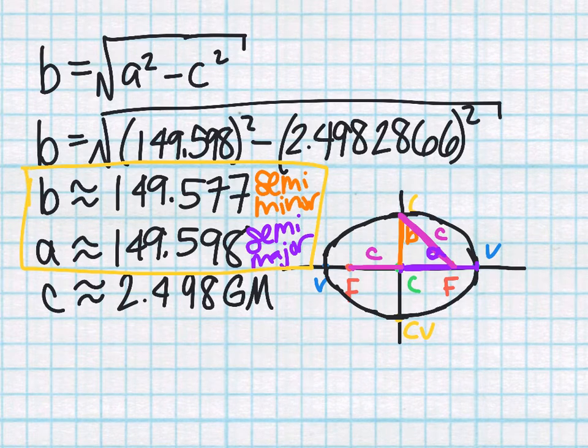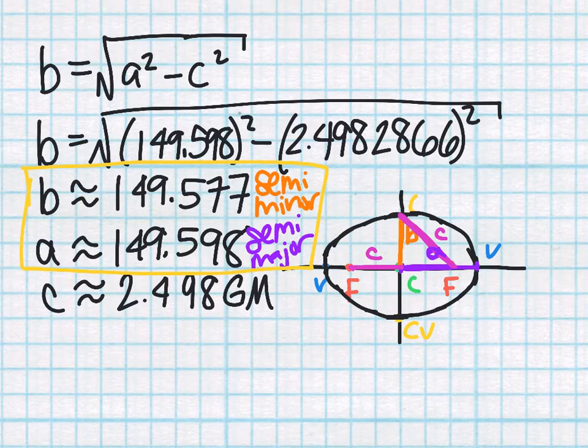And yes, we're dealing with large scale things in the solar system, but in the solar system scale even, these are so close to each other that the percent difference between the two, the semi-minor axis is only 0.014% shorter than the semi-major axis.